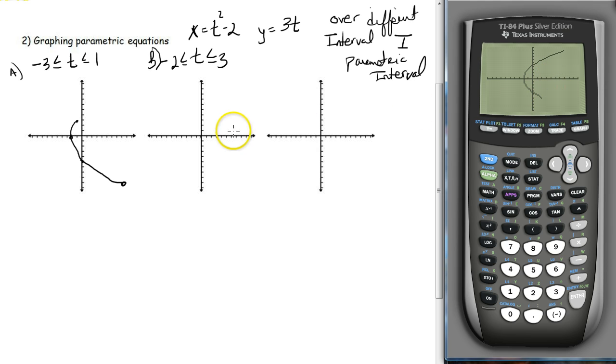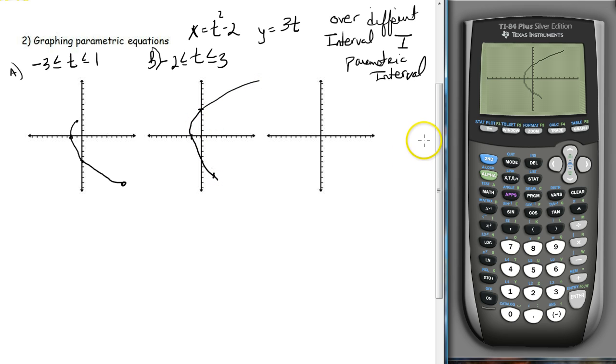So 2, 6, something like this. Still cross here. Now these points should be still the same points. It's just now we have a different section of the graph. Like this. And this one just keeps going up like this.